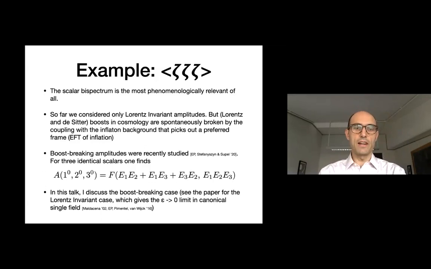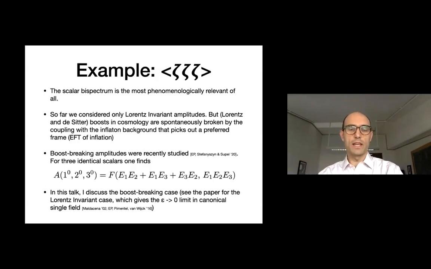And for 3 scalars, the most generic 3-particle amplitude that breaks boosts is a polynomial in these 2 variables, where the e's are the energies and should be identified with k's when you go to the correlator.